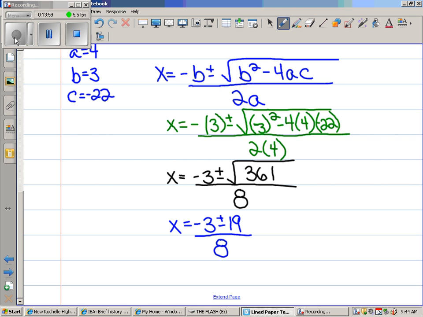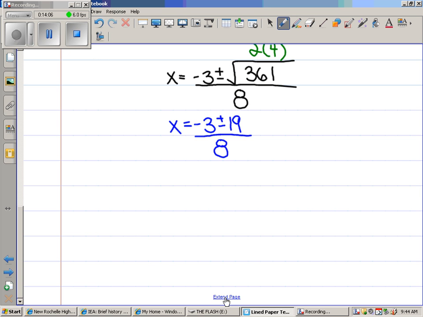Okay. How do we convert that into normal numbers? Right. Let's extend the page. Let's split it up. That's x equals negative 3 plus 19 divided by 8. And x equals negative 3 minus 19 divided by 8. What's negative 3 plus 19? 16.